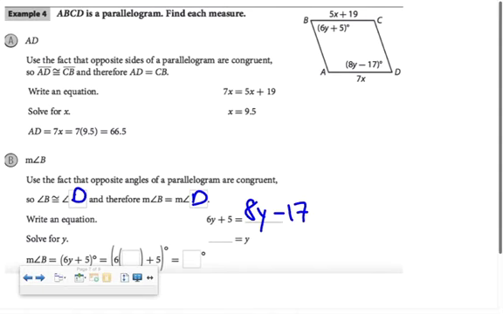And when I solve that equation, I get 2y equal to 22, so y is 11. And when I take that 11 and plug it back in, I have 66 plus 5, which is 71.